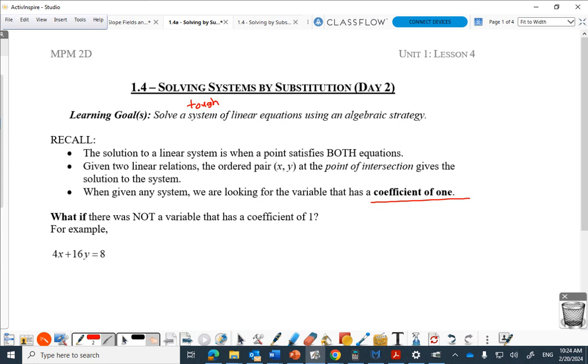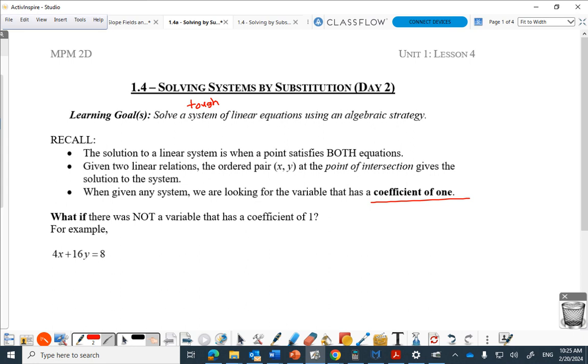Someone raises their hand. What if there's none with coefficient 1? Well, then you better do some careful thinking about what you're up against here. So I look at this one: 4x + 16y = 8. If I try to solve this equation for either x or y, there could be trouble looming.